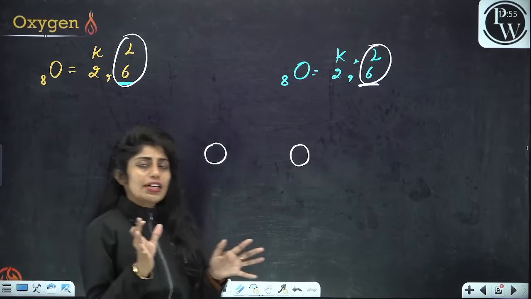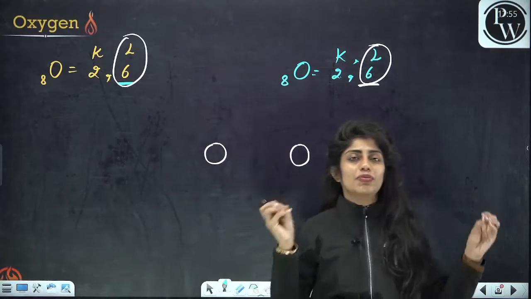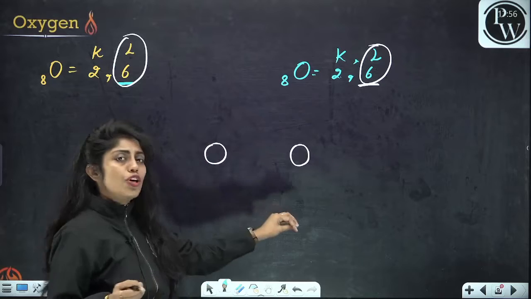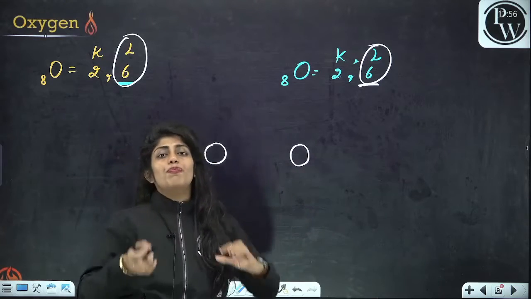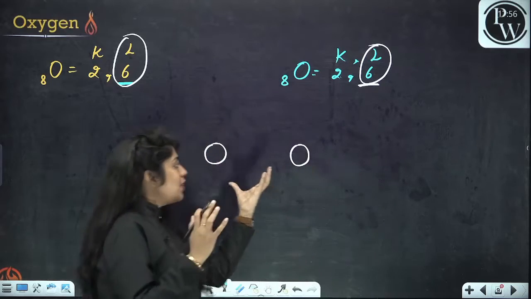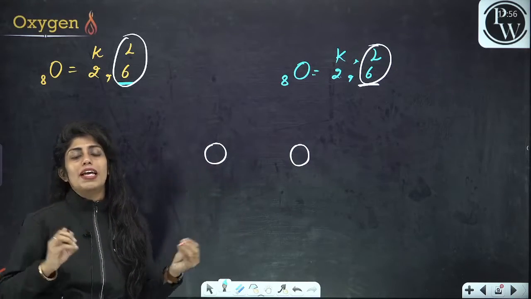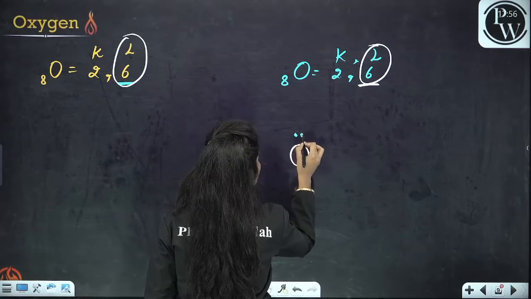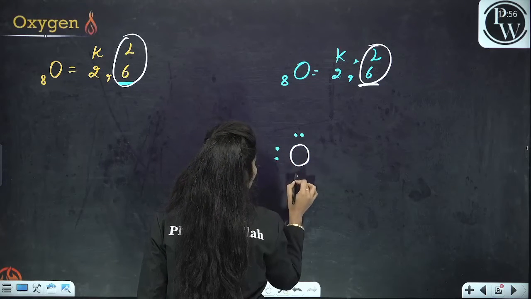So this is the idea to make these diagrams neat and clean. You have to draw the dot structure in such a way that there is a kind of proximity. Proximity means there is availability of electrons nearby both the atoms. So basically I can write it like this: 1, 2, 3, 4, 5, 6.